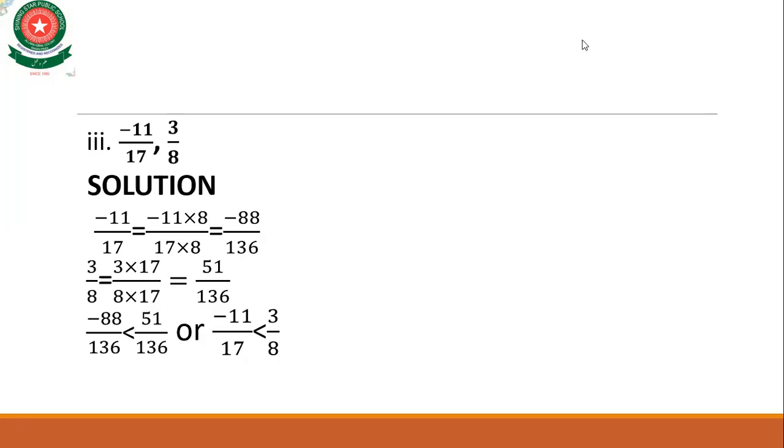So we will multiply 17 to both numerator and denominator. 3 multiplied by 17 over 8 multiplied by 17, and we will get 51 over 136.